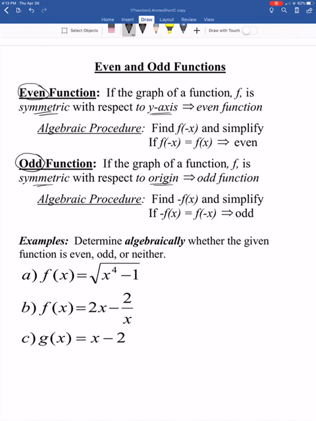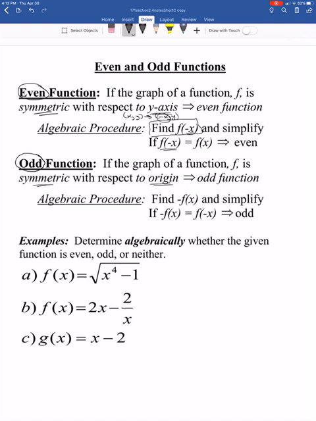Now, they give us our tests. They come right from what we just talked about. To find algebraically whether the graph is symmetric to the y-axis, find f of -x. Taking out x, plugging in -x. You remember y-axis symmetry: every ordered pair (x, y) produces the ordered pair (-x, y).